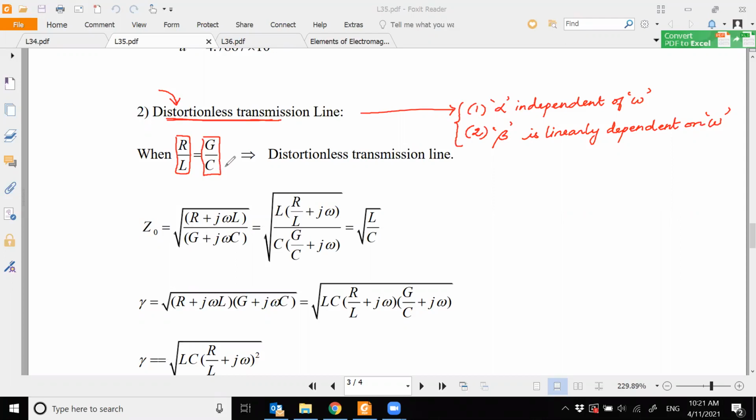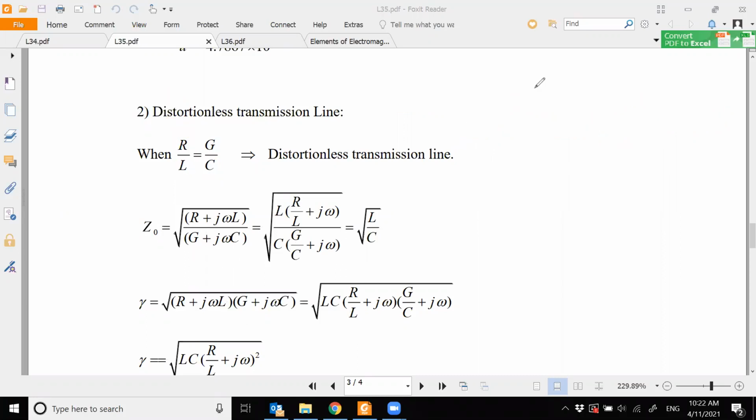So you pick the conducting material and the dielectric material in such a way that this is satisfied. Then you can make the distortionless transmission. And let's see, when this is satisfied, are we really making sure that this is happening? We can check here.